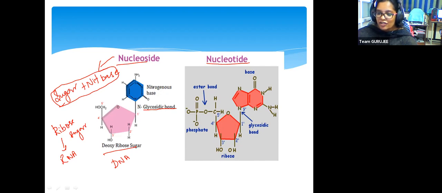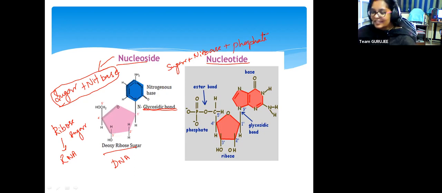Okay, nitrogenous base and sugar combine with the help of a glycosidic bond. So in other words, nucleoside is the combination of sugar and nitrogen base. What about nucleotide? Nucleotide is nothing but sugar, nitrogenous base plus phosphate.